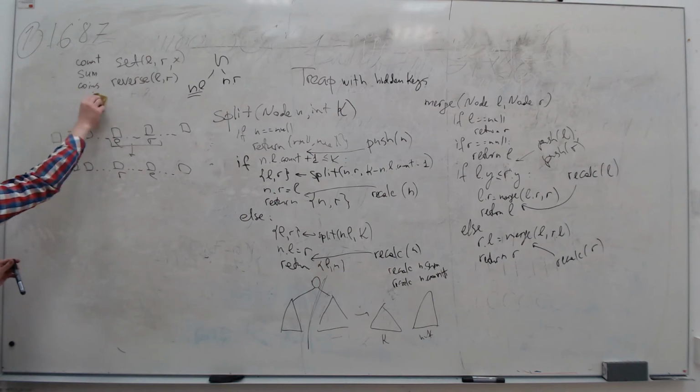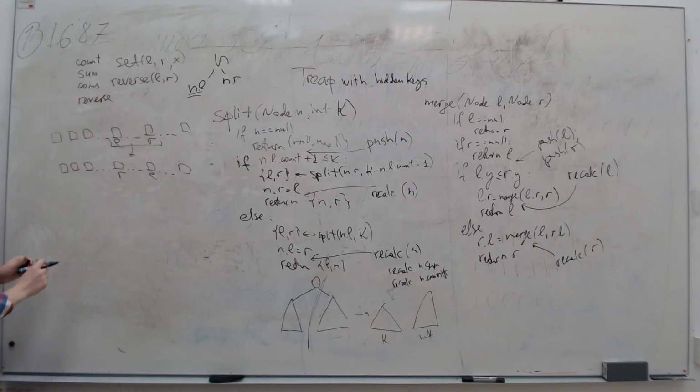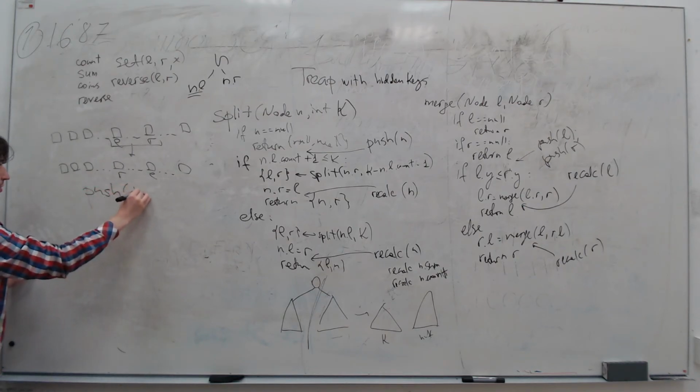So instead of set, we will have reverse, which will be a boolean value that tells you whether we should reverse this whole subtree or not. Then how should the push operation be performed?